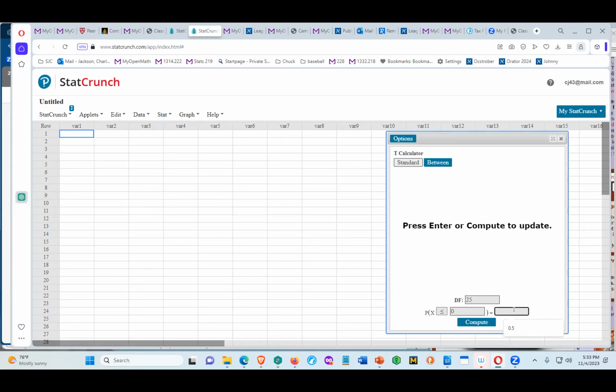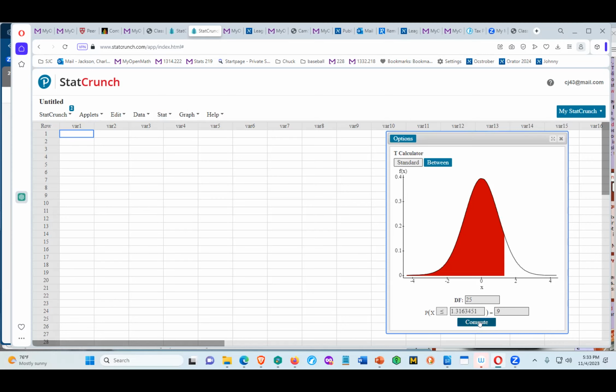Let's go with that. And a 0.9 in the left tail. There it is. Good job. So there's our value of t there, 1.32 approximately.